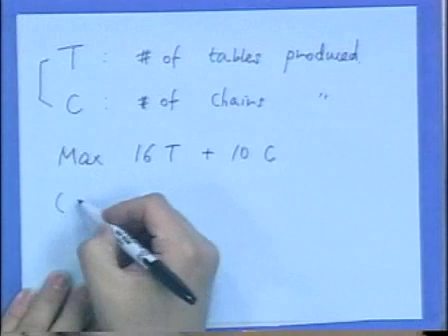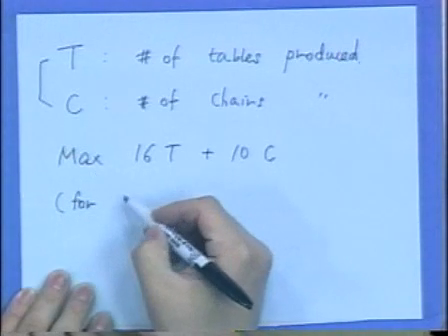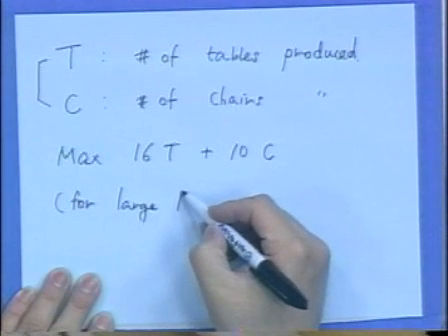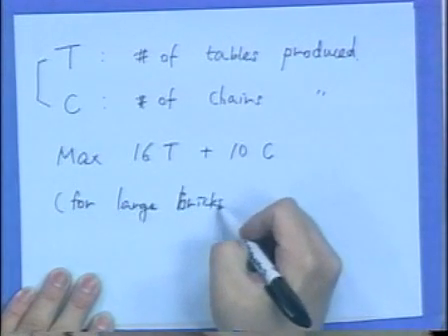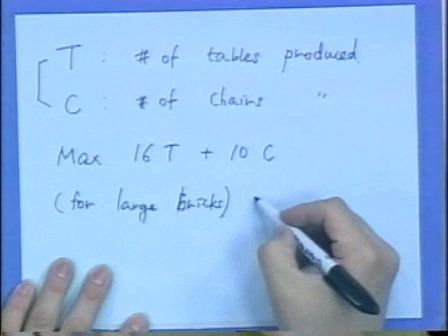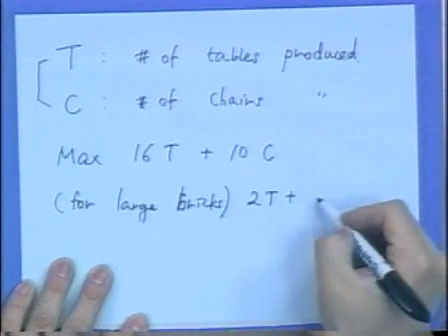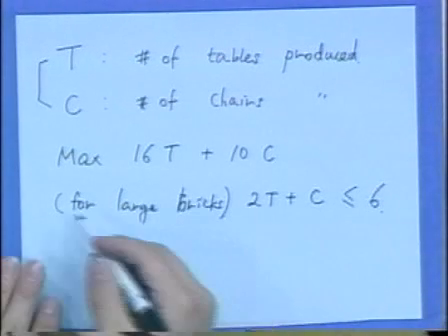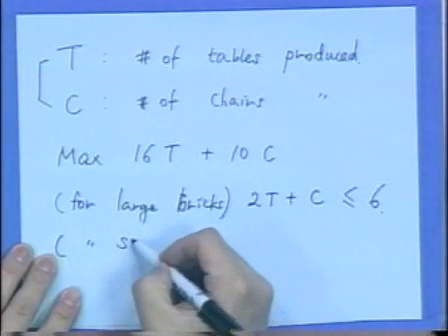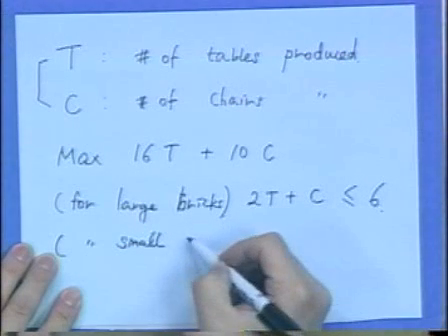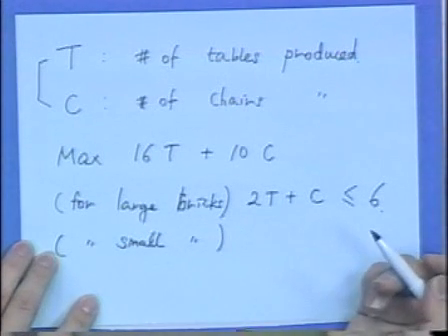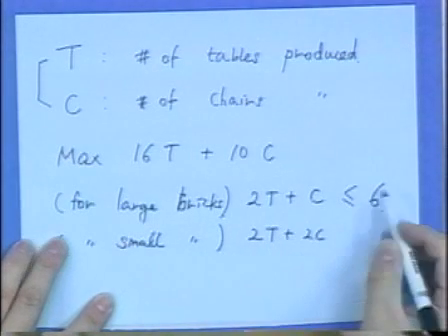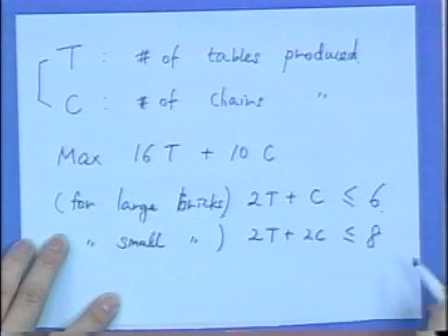First constraint would be for, let's say, large bricks: two times T plus C is less than or equal to 6, right? And for small bricks, it's going to be 2T plus 2C less than or equal to 8, okay?